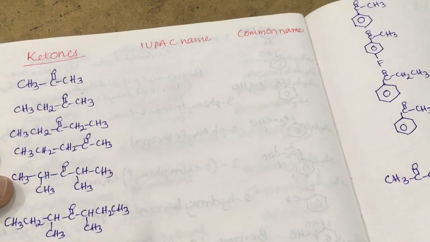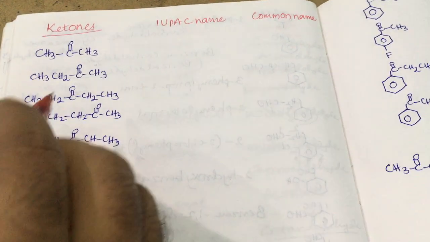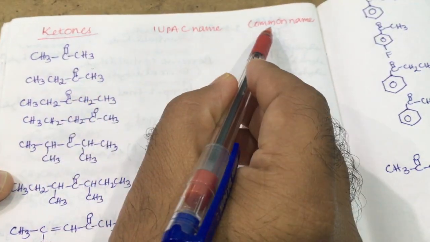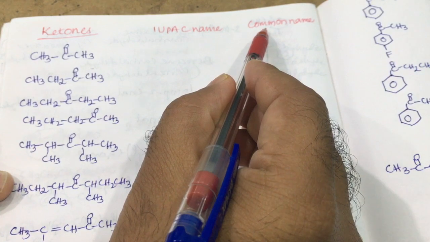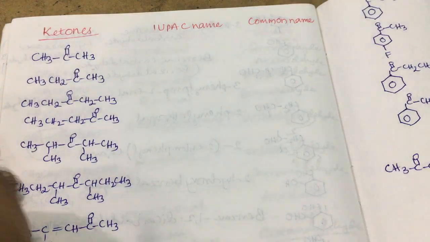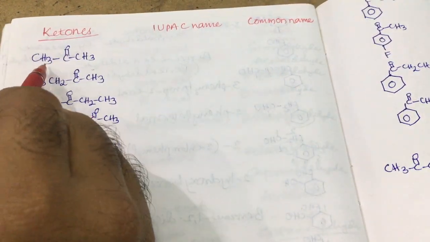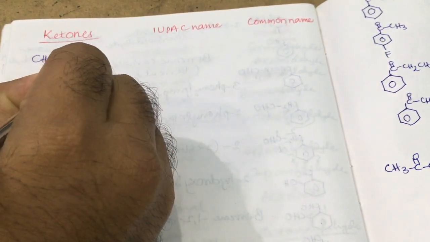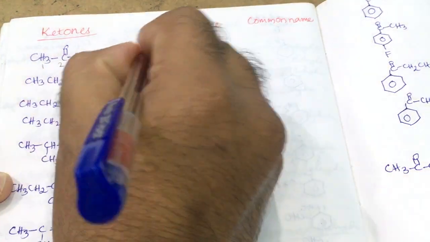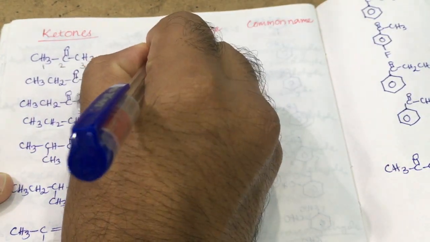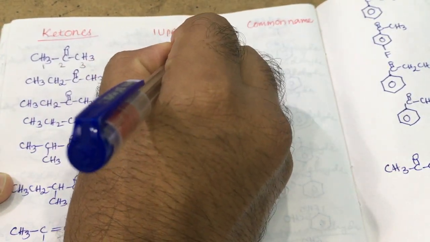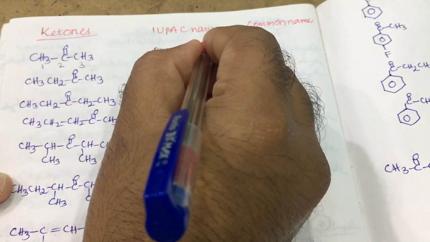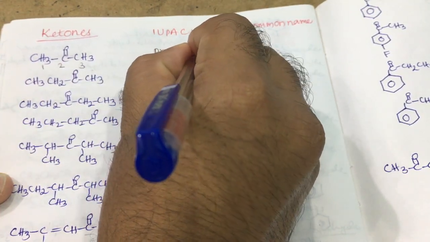Now I want to discuss first the IUPAC name, next the common name, which is also called the trivial name. The first compound has carbons 1, 2, 3. Then it is called a 3 carbon, that is propane. Remove E, add ONE.